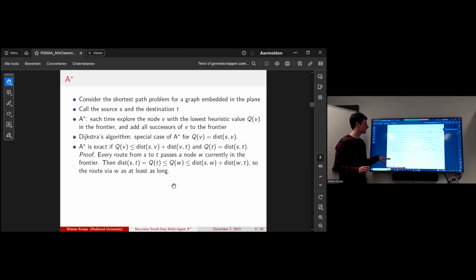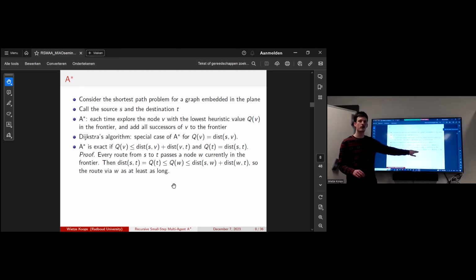So every route from S to T passes a node W that's currently in the frontier. At the moment that I stop, once I pick T out of the frontier, I know that the heuristic value that corresponds to T is the actual length of the route. And I also know that I always take the value with the lowest heuristic.